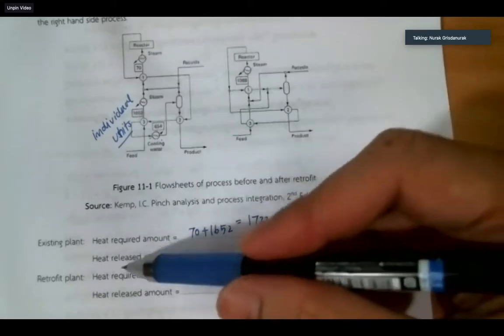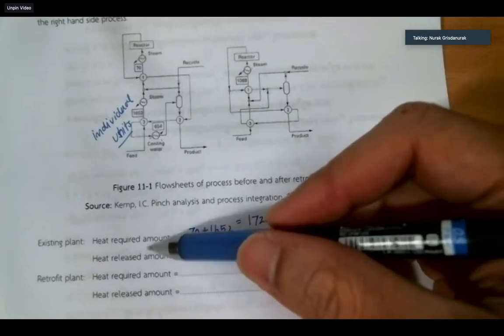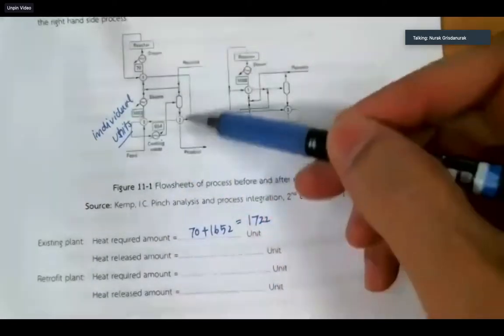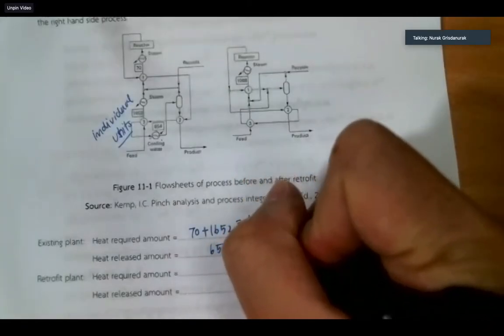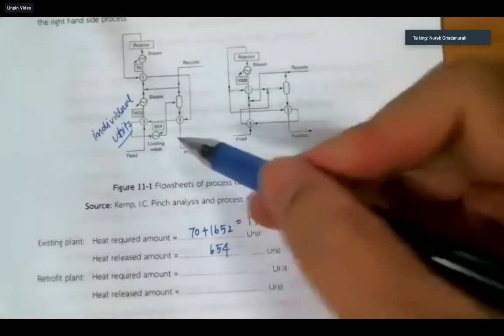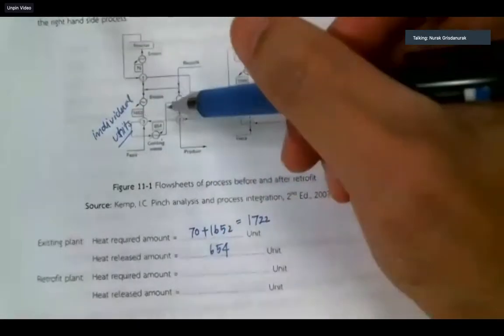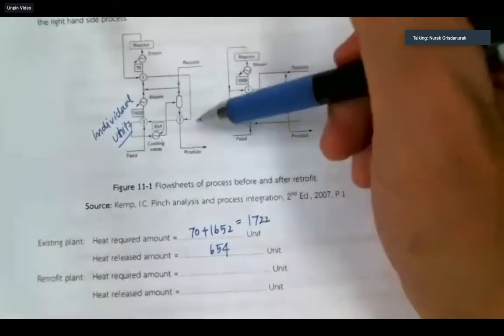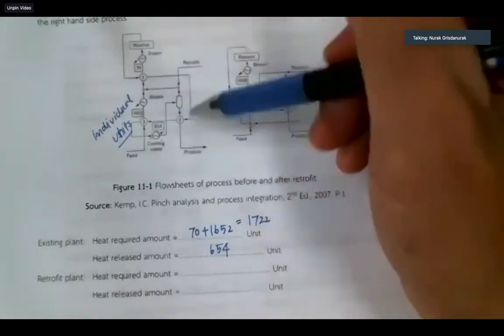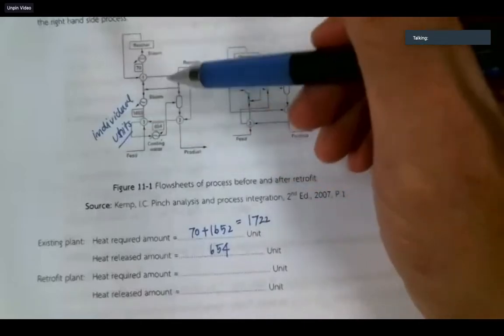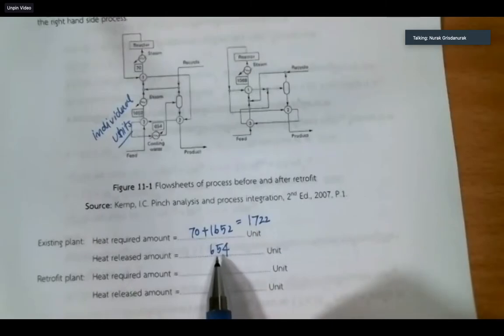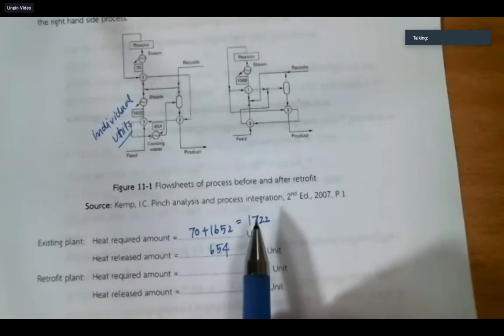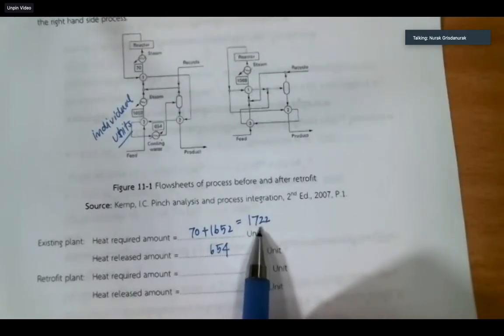Okay. How about the heat release? How much heat is released from this existing one? 652. Alright? 652. So if I retrofit, combine them together, it means I want to remove only that. I require about this amount.